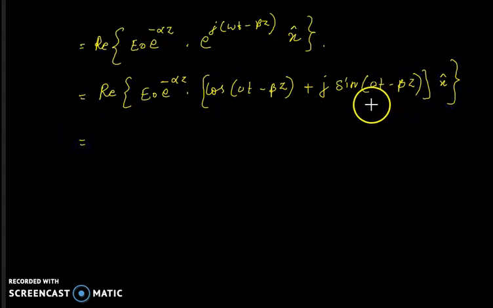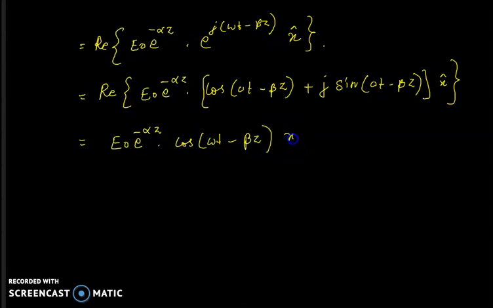So this is a complex function. If you separate the real part, it is E naught e power minus alpha z into cos of omega t minus beta z into x. This is the electric field component along this axis, and it is also a function of time.